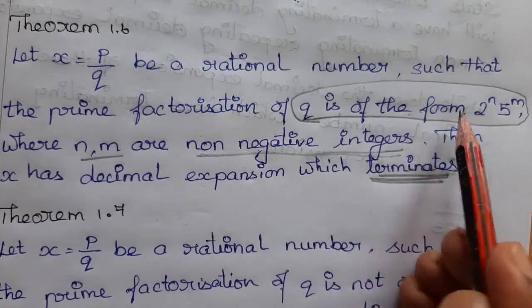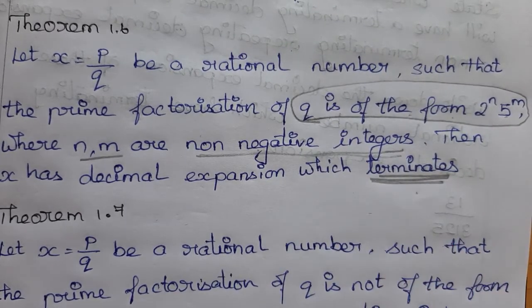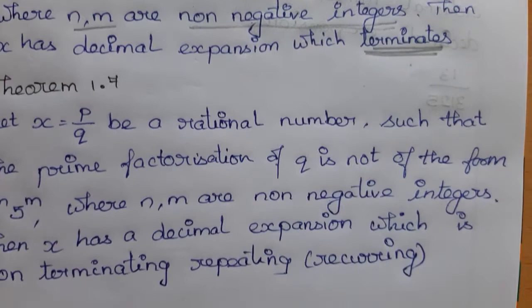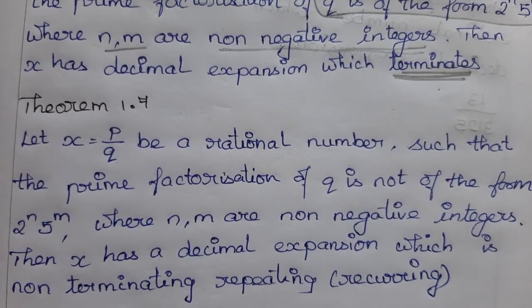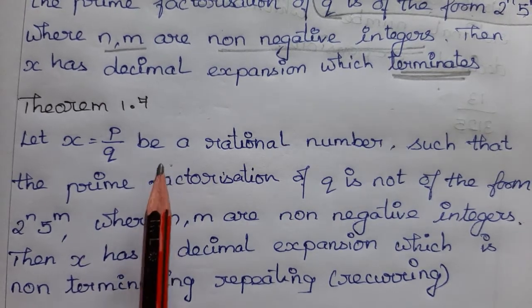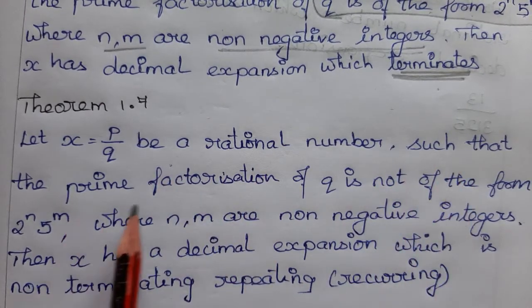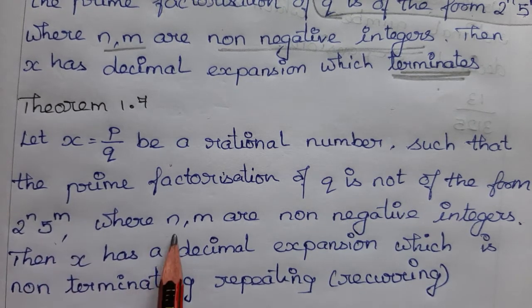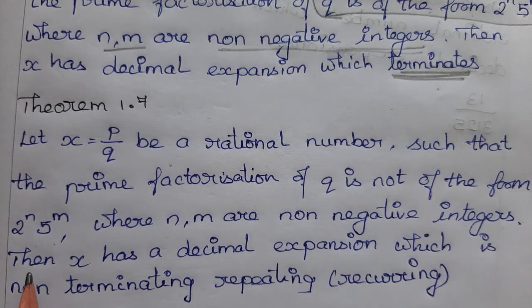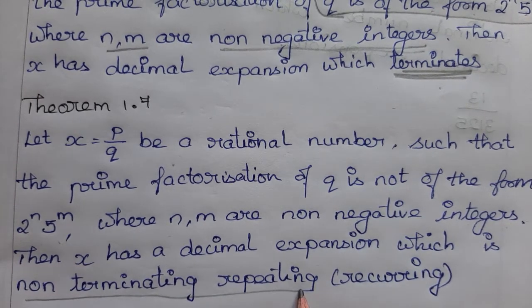So if q is in the form of 2 power n and 5 power m, it is a terminating decimal expansion. The next theorem says: let x equal p by q be a rational number such that the prime factorization of q is not of the form 2 power n 5 power m, where n, m are non-negative integers. Then x has a decimal expansion which is non-terminating repeating.